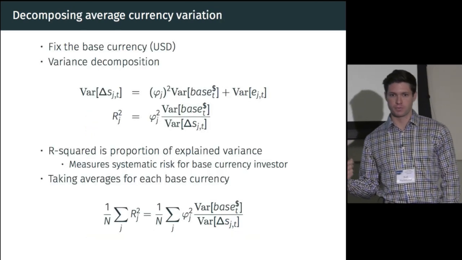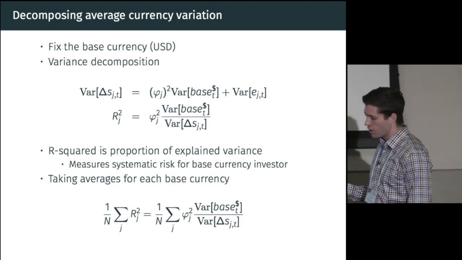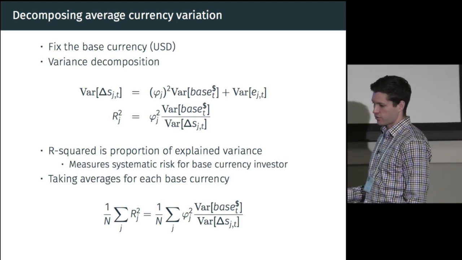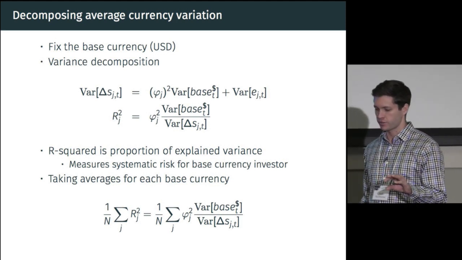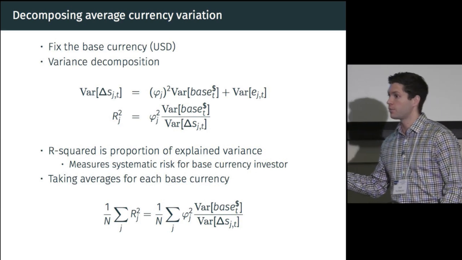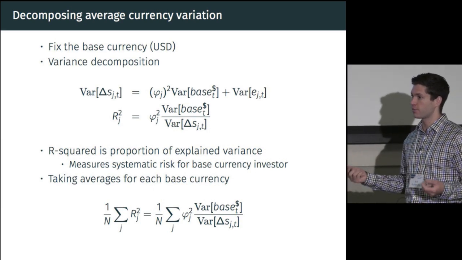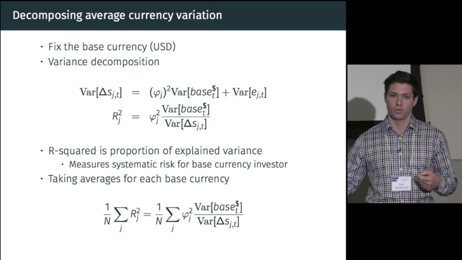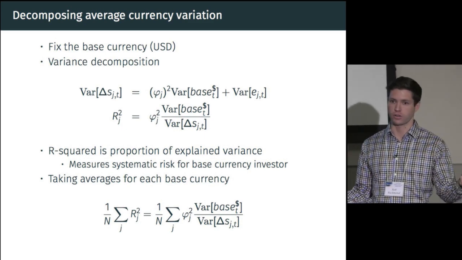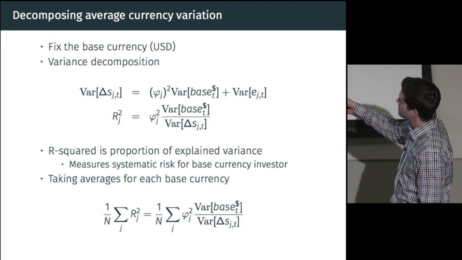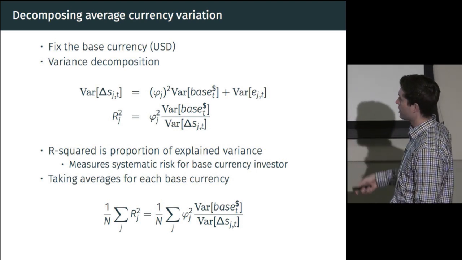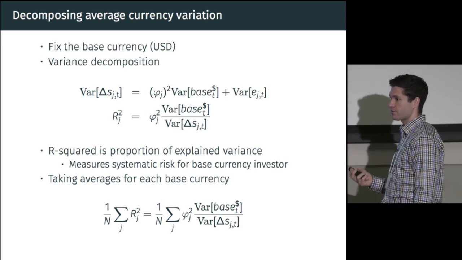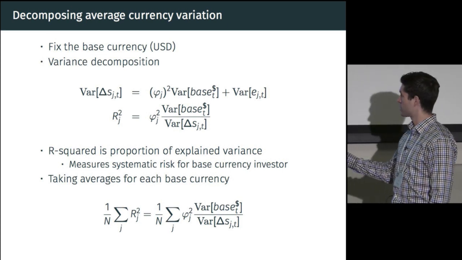All right, now I want to turn this problem on its head. Recall that we could think about this regression of bilateral exchange rates with respect to the US dollar on the US dollar base factor as a measure of the amount of systematic risk that a US dollar investor takes when they take a long position in this foreign currency. We can just look at the R-squared in that original regression, and this tells us how much systematic risk that foreign exchange rate has.